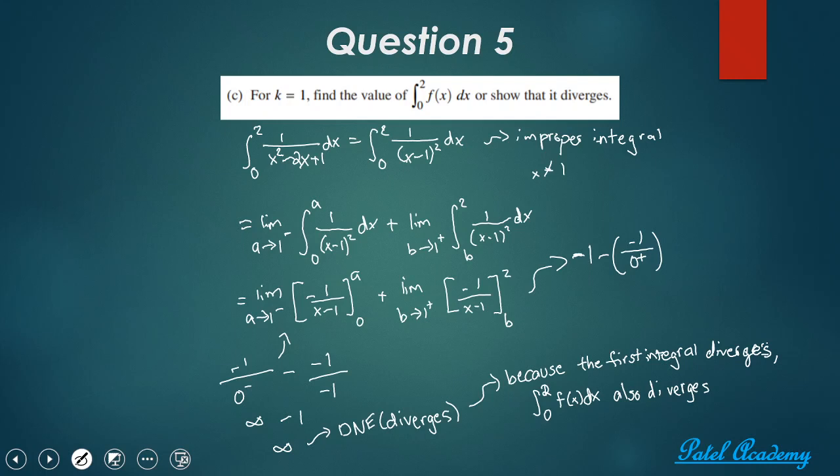Sorry, I should backtrack. It actually is important to show that the second integral diverges in a certain way, because there is the possibility that you get infinity minus infinity. Sorry, I should have said that earlier. Let me try and refresh my memory on indeterminate forms.